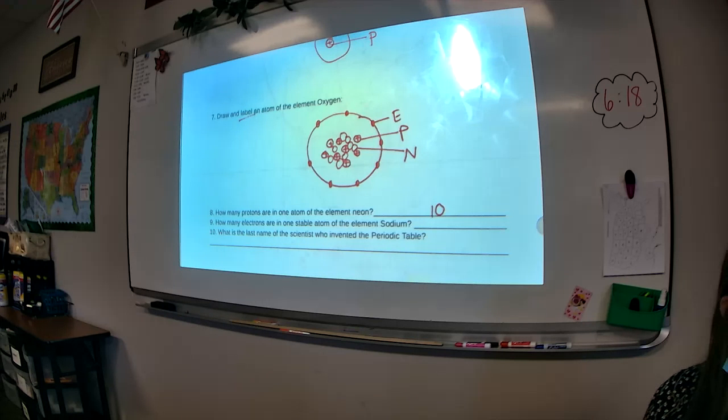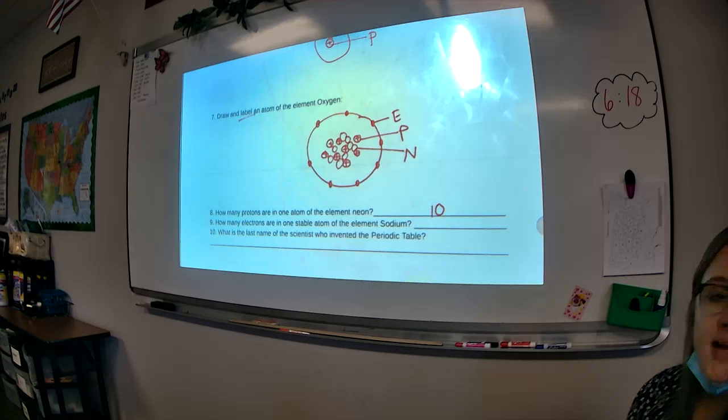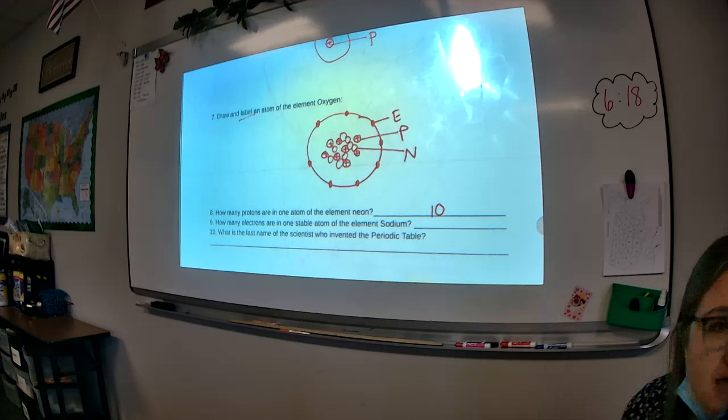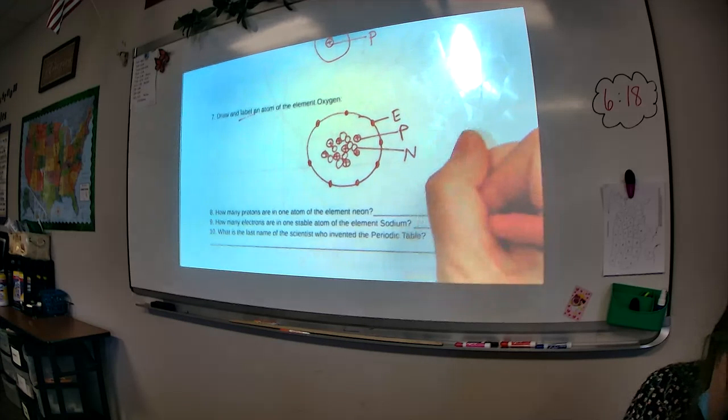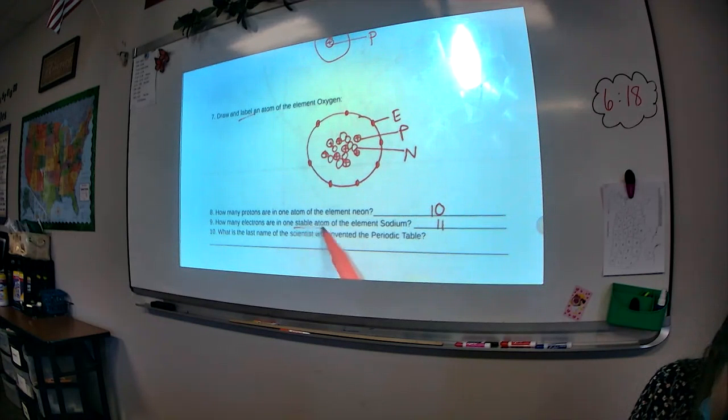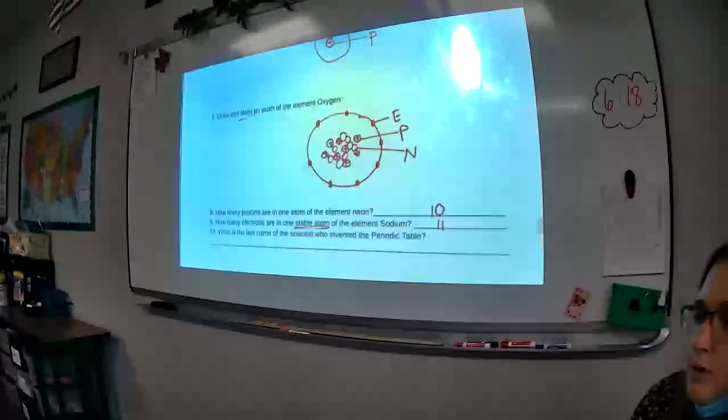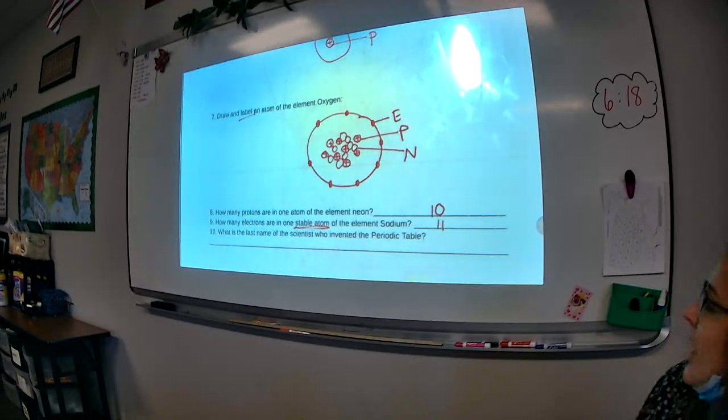Riley? Very good. The table does tell me that sodium has 11 protons, an atomic number of 11. So it will also have 11 electrons, especially because it says one stable atom, meaning it is not electrically charged. Okay? And then the last one.